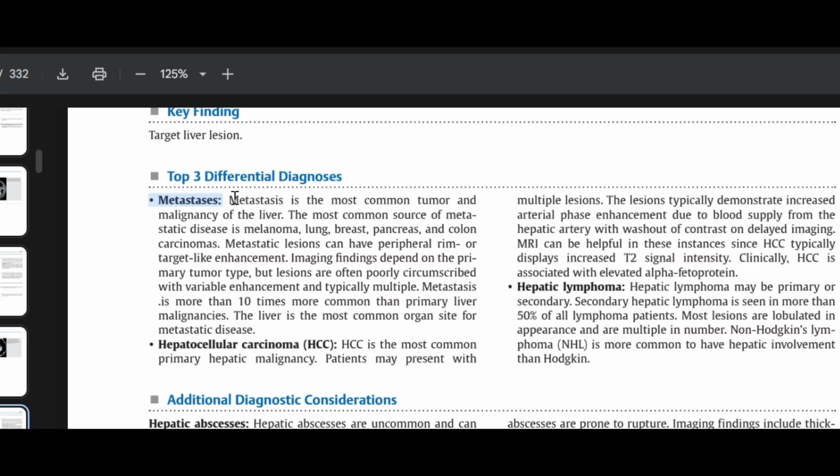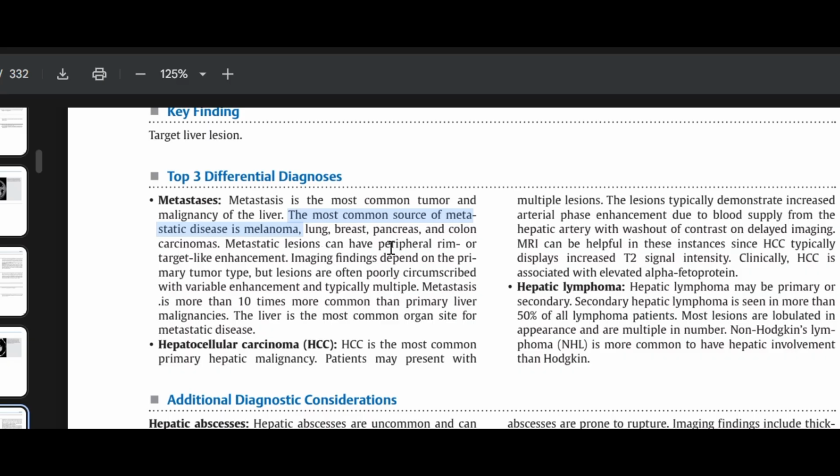Metastasis is the most common malignancy of the liver. The most common source of metastatic disease to the liver is melanoma. Then lung, breast, pancreas, and colon.